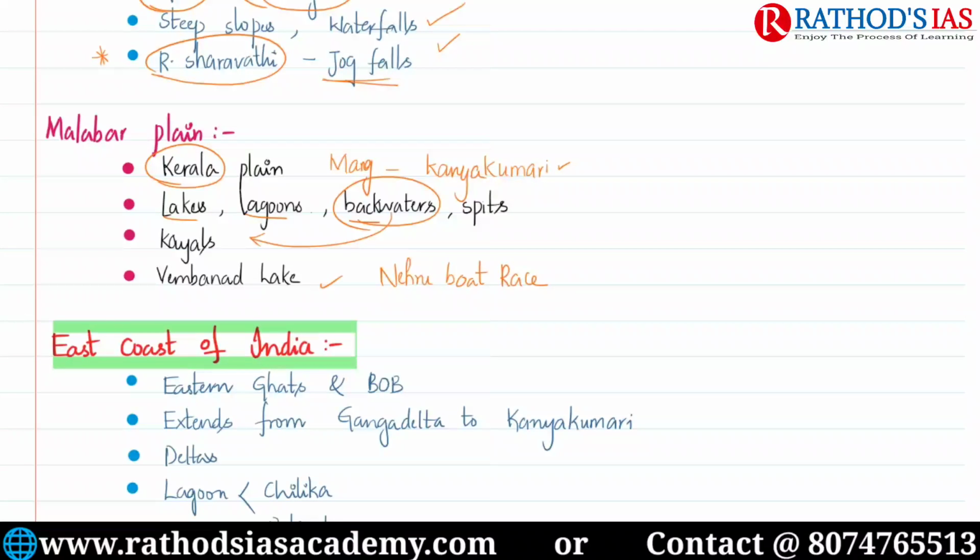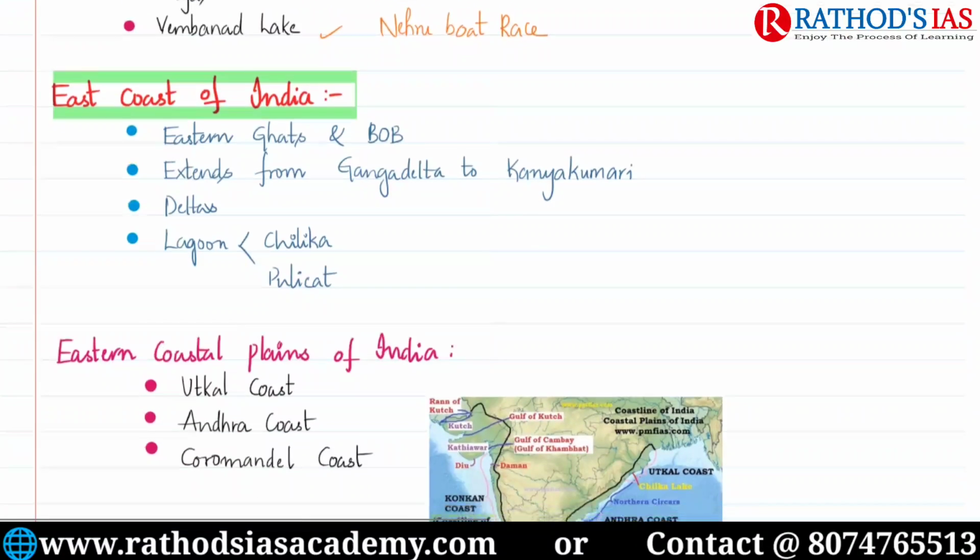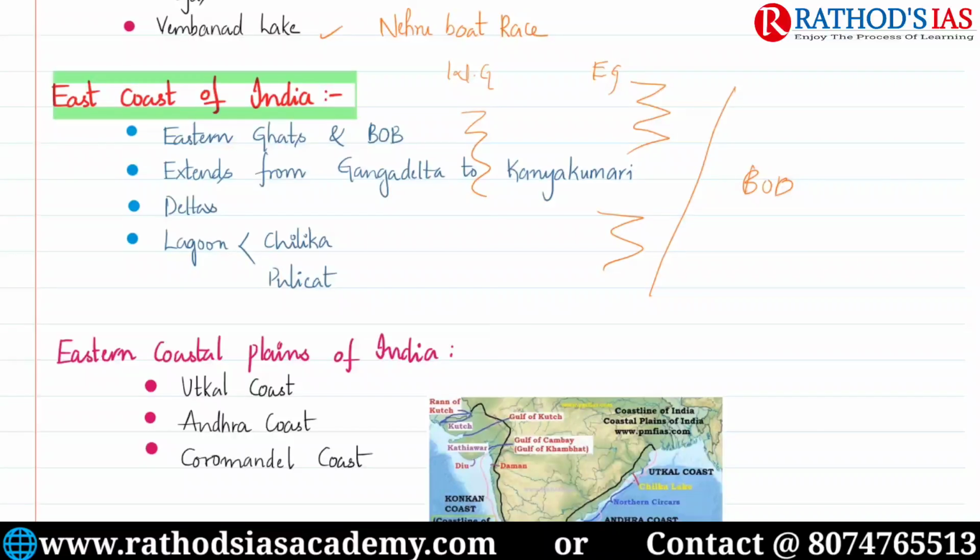Now let us move on to the east coast of India. So this east coast of India lies between the Eastern Ghats and the Bay of Bengal. And if you compare the Western Ghats with the Eastern Ghats, the Western Ghats are continuous compared to the Eastern Ghats. And this east coast of India extends from the Ganga Delta to Kanyakumari.